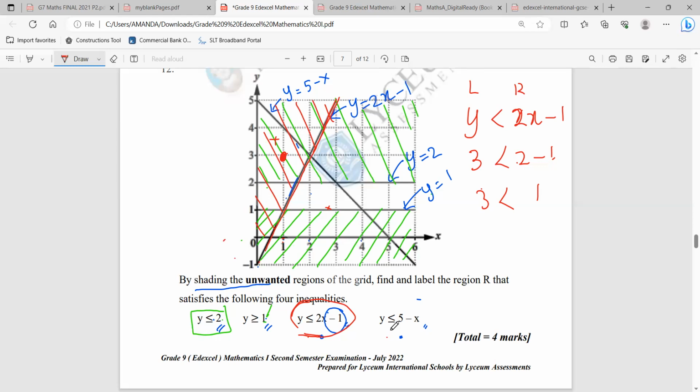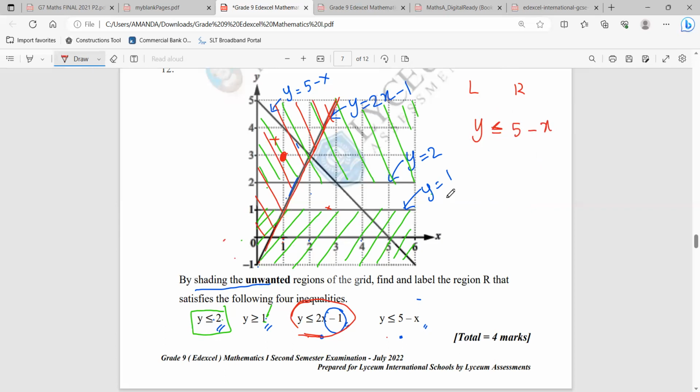Y equals 5 minus x. So let's see that. Oh, this is less than or equal again.